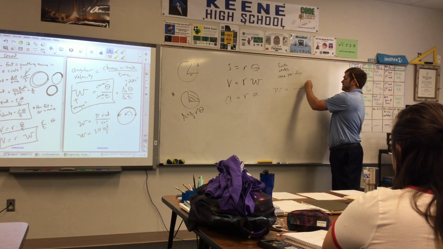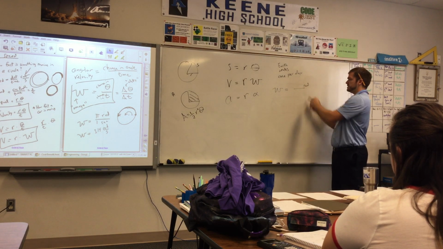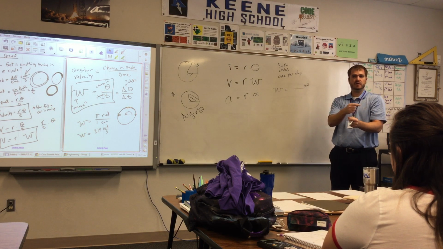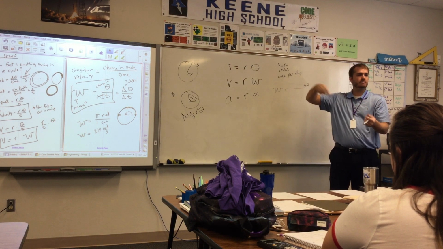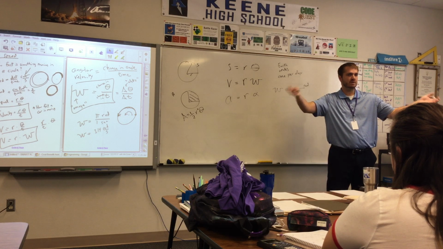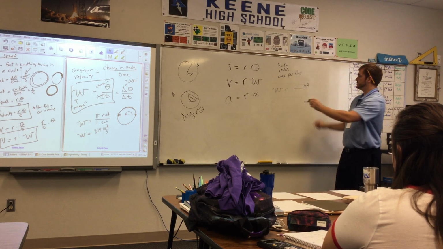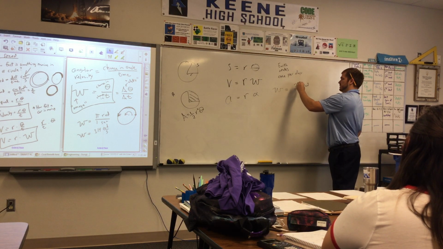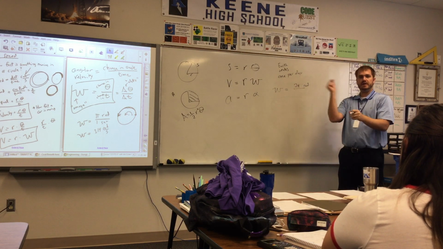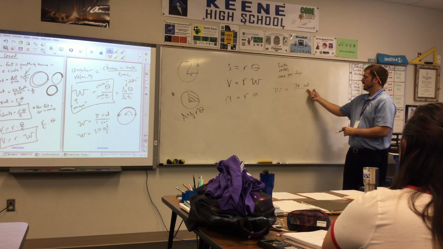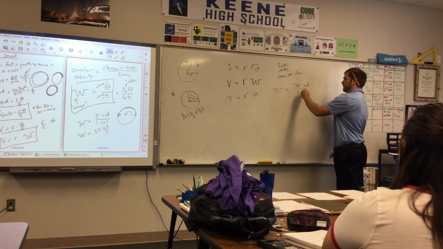How many radians over how much time period? Well, if the Earth rotates on its axis once all the way around, then that would be 360, but in radians, 2 pi. Just 2 pi radians, not 2 pi times r. Divided by 1 day.